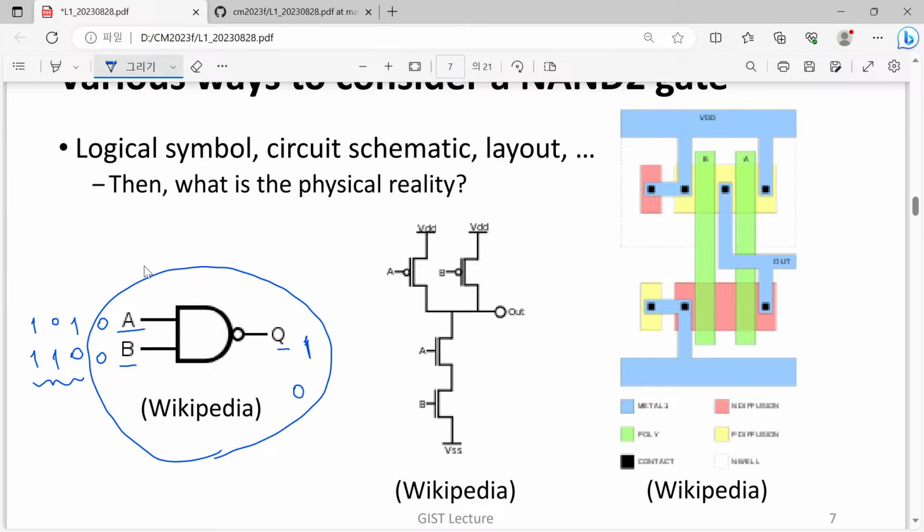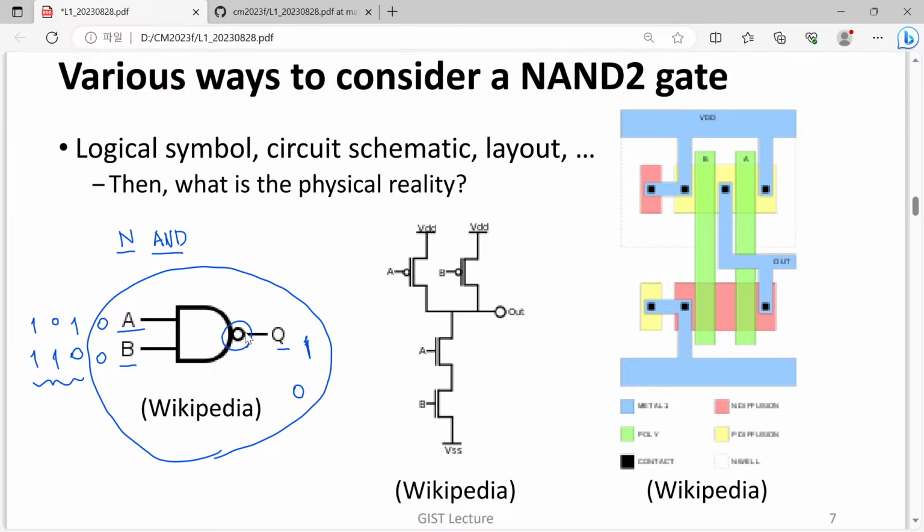This NAND is not AND. You have an AND gate, and its output is once again inverted by this bubble here. That's the reason why it is called NAND. And NAND is a universal logic gate.